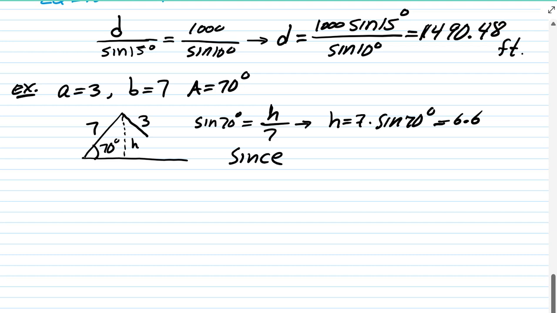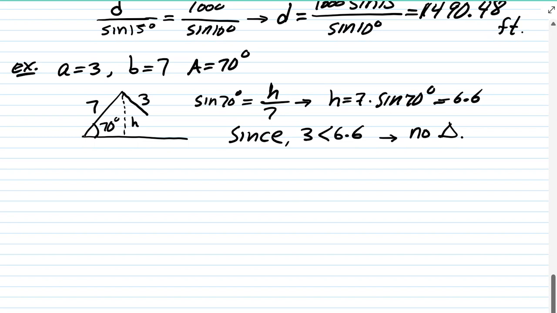And this time, since 3 is less than 6.6, therefore no triangle can be formed. See that? Again, no matter how you revolve that side, it's not going to create a polygon, a closed geometric shape.